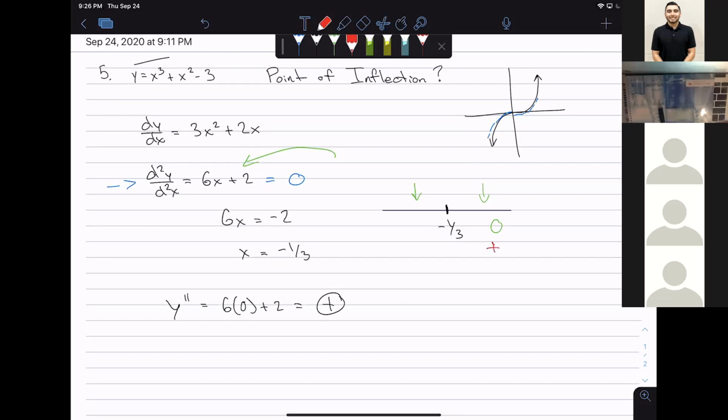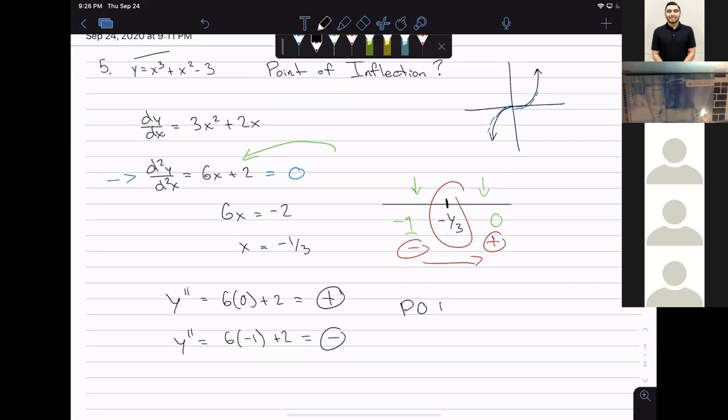So we get a positive number on this side. And let's say we pick negative 1, which is more negative, and we check that number in that equation. We're going to get a negative number. So this proves that there's an inflection going from negative to positive at this point. Therefore, our point of inflection is negative 1/3, which is B.